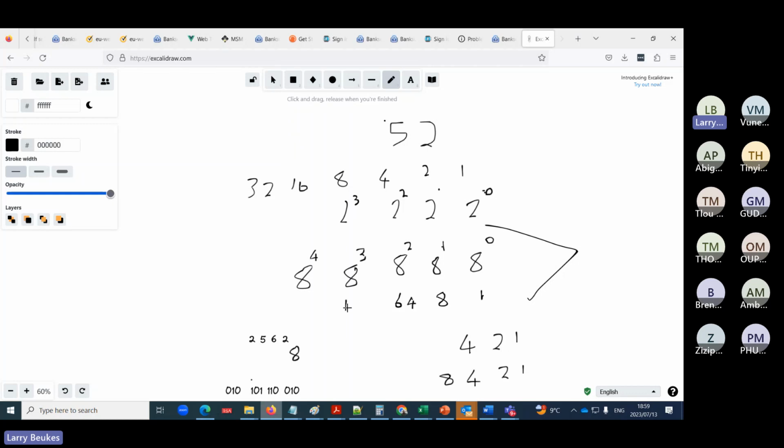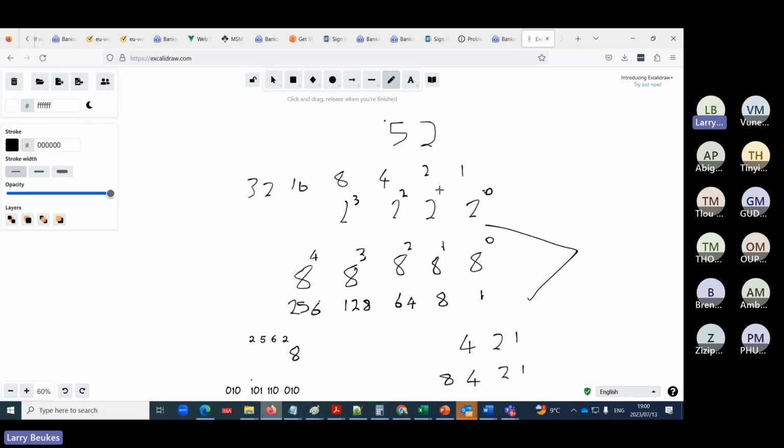So here this should be 128, am I right? 128. And then this one will be something like 256. So from here, you know you have your 2, 6, 5, and 2.